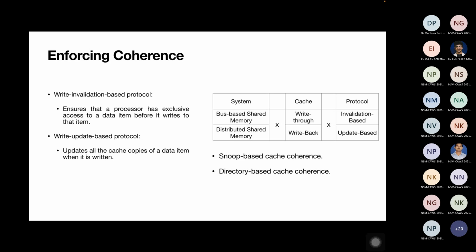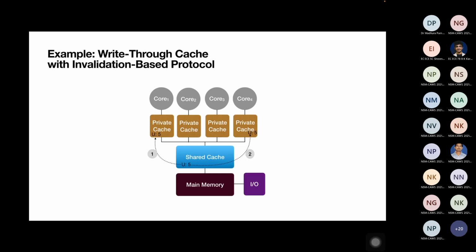After event 2, data is replicated in the private cache of core 1 and the private cache of core 4. Now core 4 is going to perform a write operation, trying to update the value 5 to 7. Because it's a write-through cache, it is also going to update the shared cache. So the shared cache copy is also going to be updated.